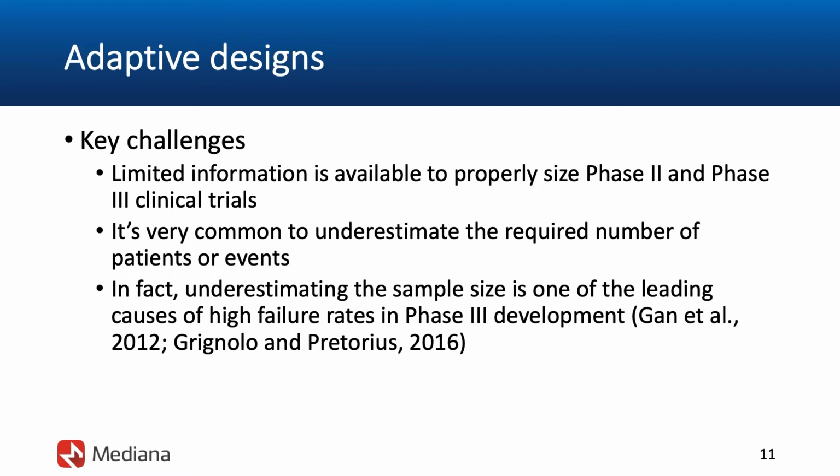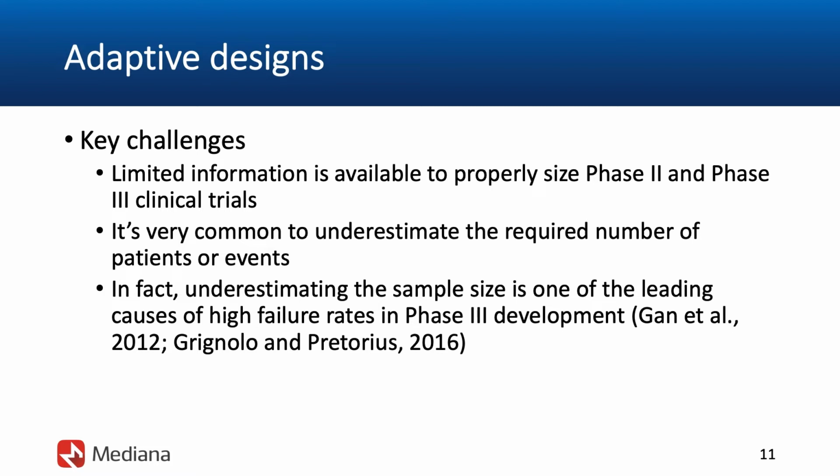And many trial sponsors end up going into the design stage of a confirmatory study with overly optimistic assumptions, and fairly quickly they may discover that they are at risk of failing because they cannot detect a meaningful efficacy signal since the trial was underpowered. In other words, the trial size, the number of patients, was too small to reach the trial's objectives.